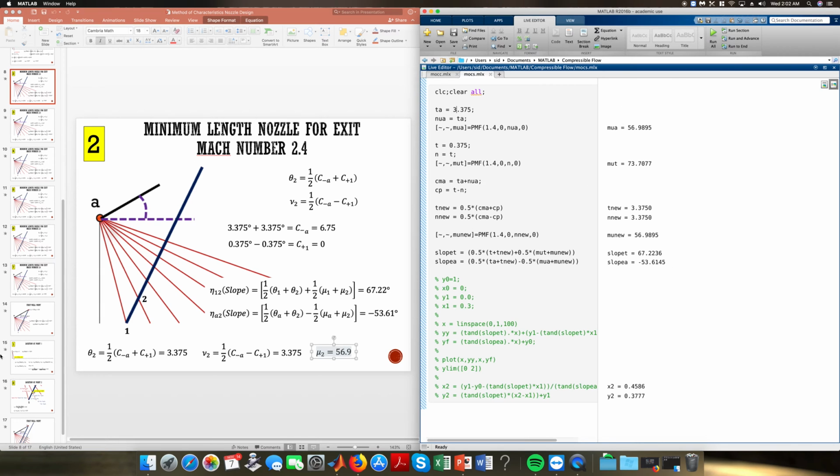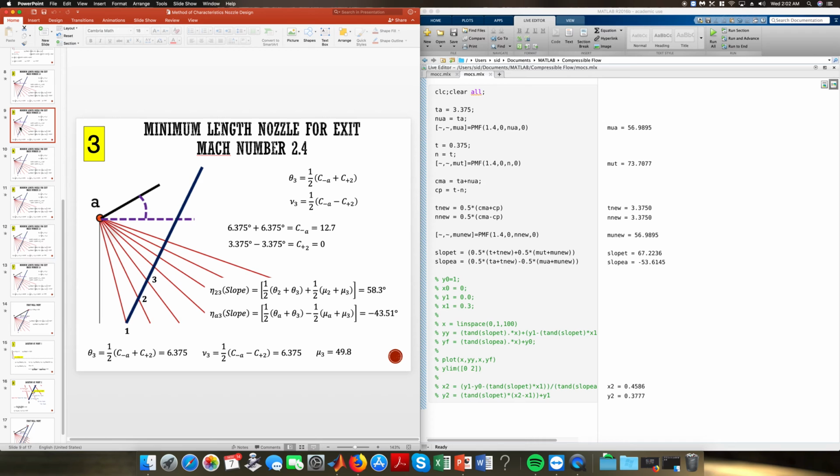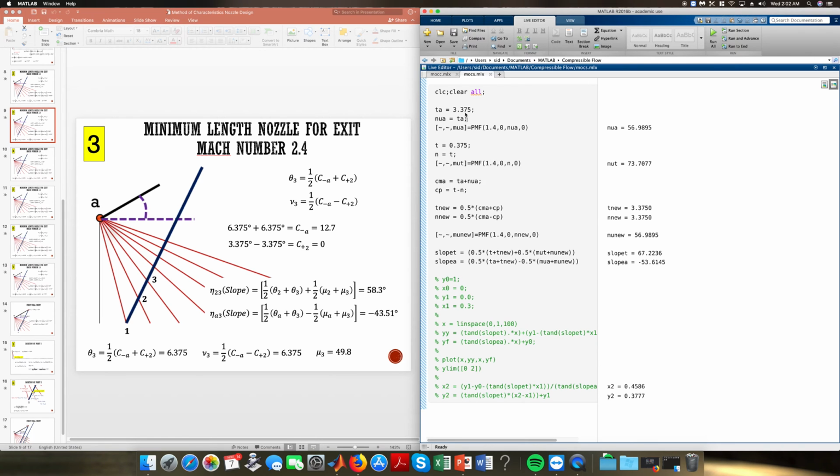So if I go to point 3, then my TA changes to 6.375, and my t goes to 3.375. Now if I run that, right, so now I'm getting exactly what you see in here.